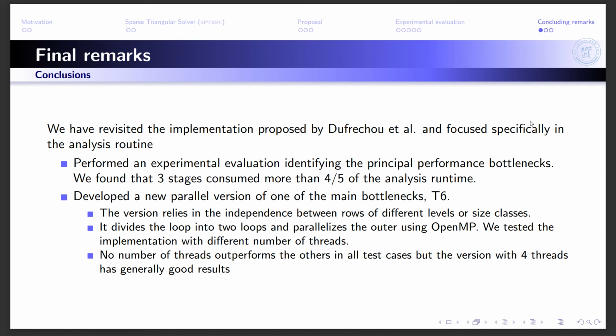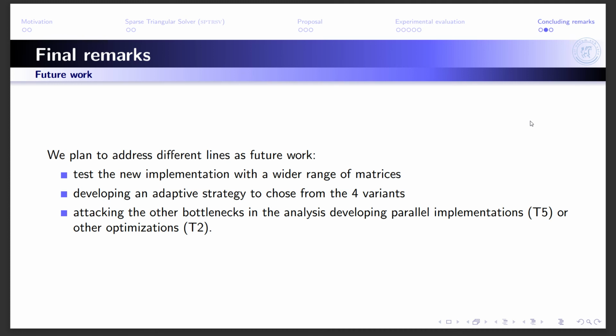The idea relies on some independence in its iterative nature, and we divided the main loops into 2 each, so we can use OpenMP to try different numbers of threads. Even if no number of threads outperforms the others, a good rule of thumb is to always choose the version with 4 threads. In our future work, we want to test our implementation on more matrices.